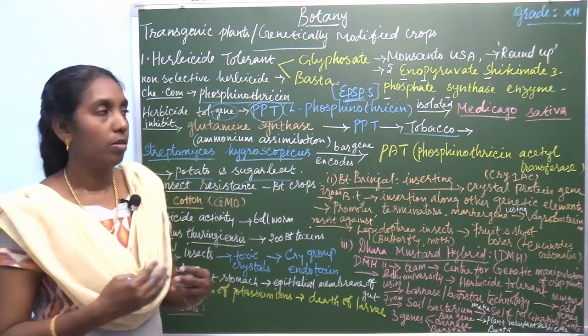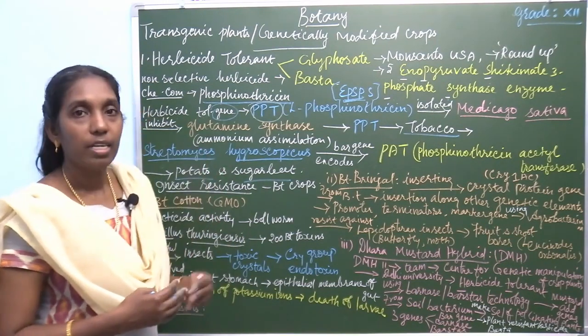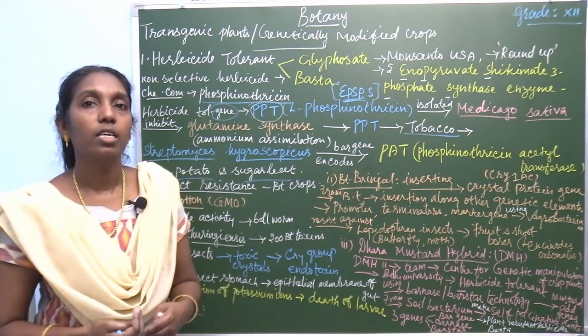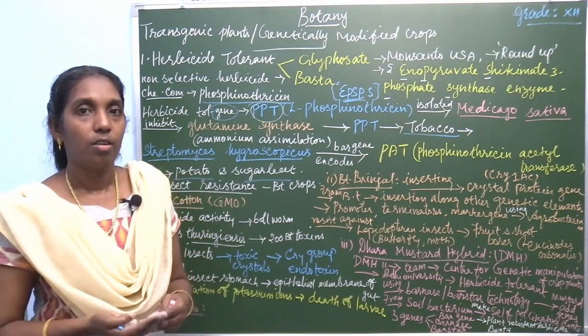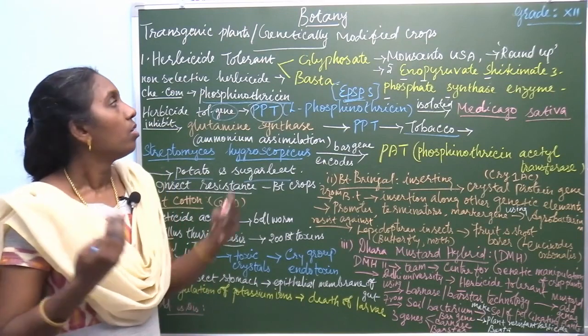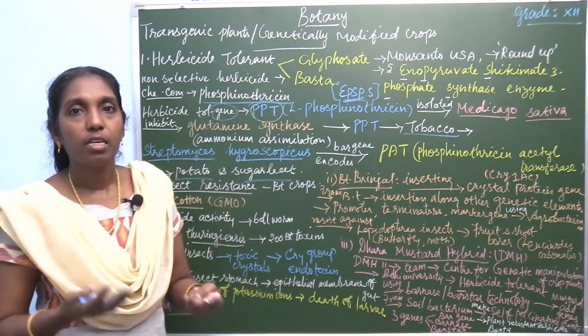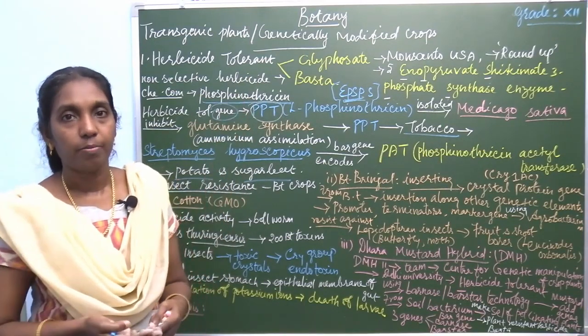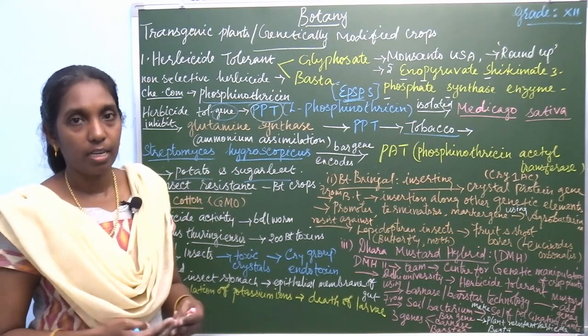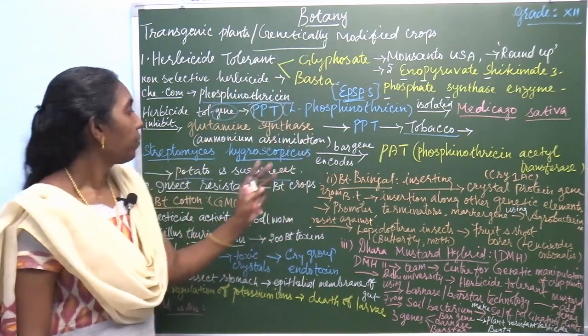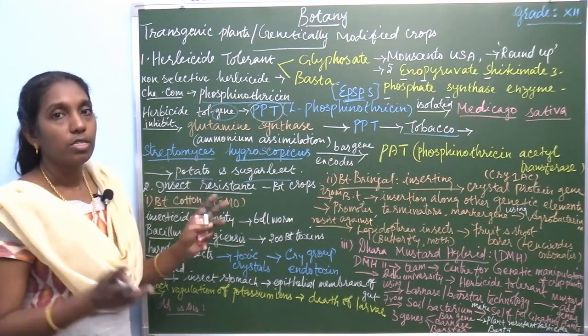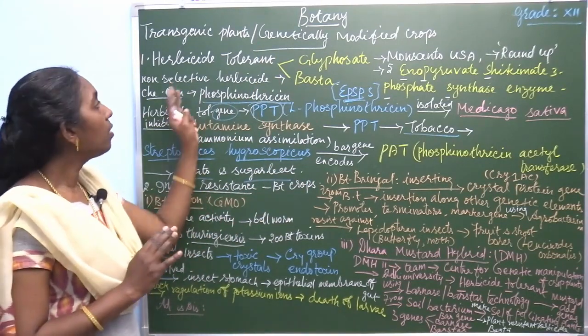So, the main advantage is that it improves the yield. It makes the crop high yield. It gives high yield when we are making the plant transgenic. Then another one, so first one, transgenic herbicides.